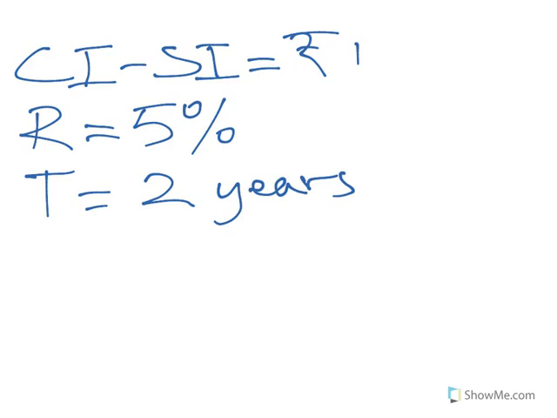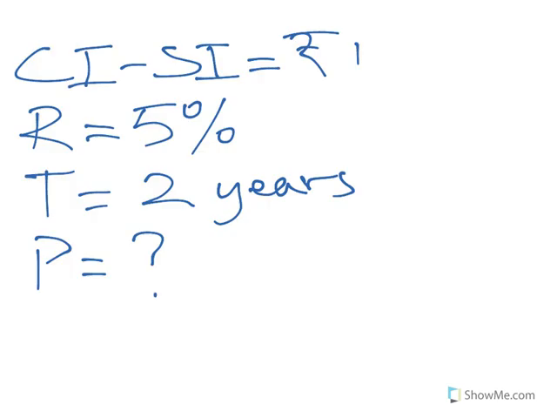That's the minimum, okay? 2 years. So find the principal for me. Again, I cannot stress how important it is to try these questions out, take a piece of paper, solve them, or try to solve them at the very least, and then come back. Okay, I'm going to continue.